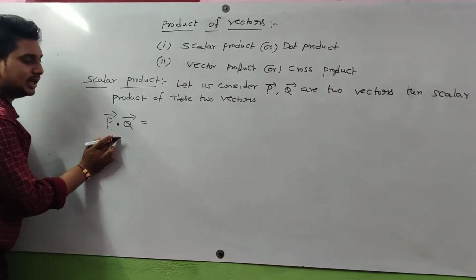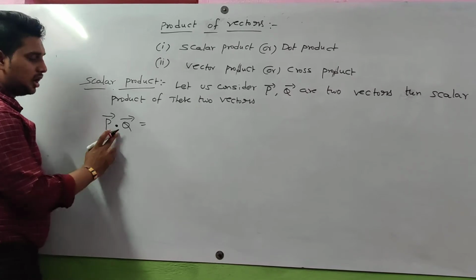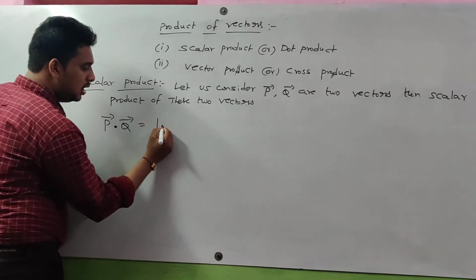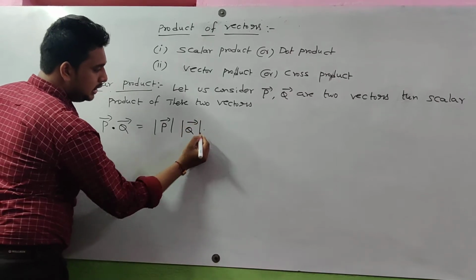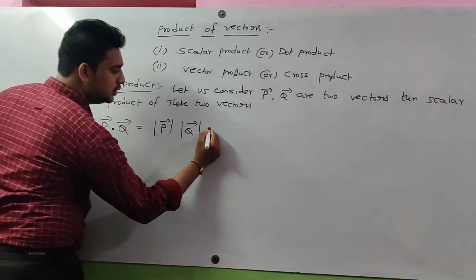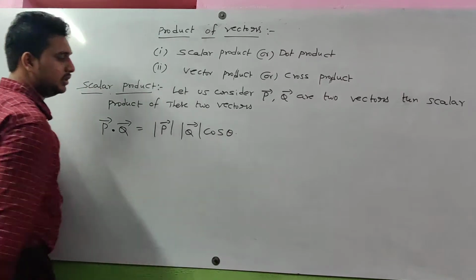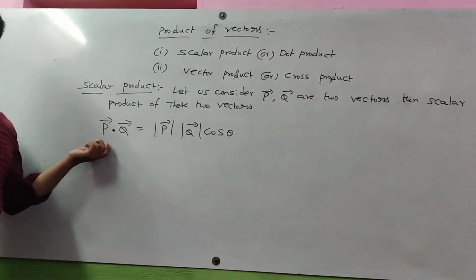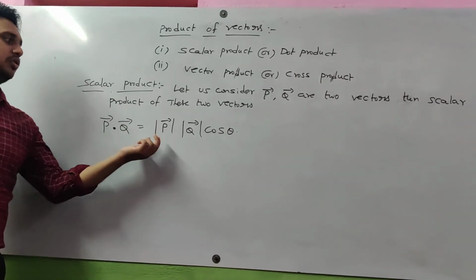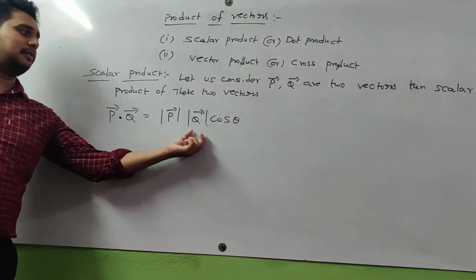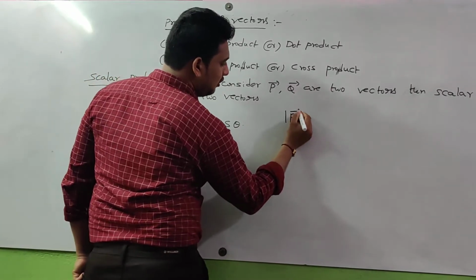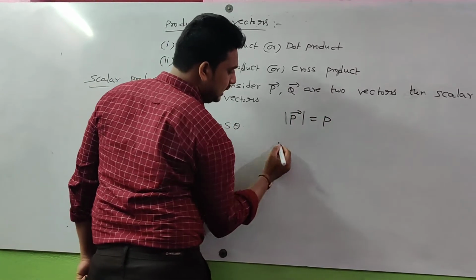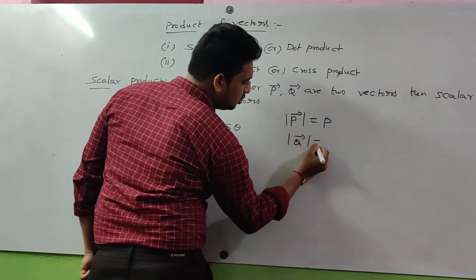And it is also called a scalar product. Why is it a scalar product? p bar dot q bar is equal to modulus of p bar into modulus of q bar into cos theta. So this is very important. Modulus of p bar is also equal to p, and modulus of q bar is also equal to q.